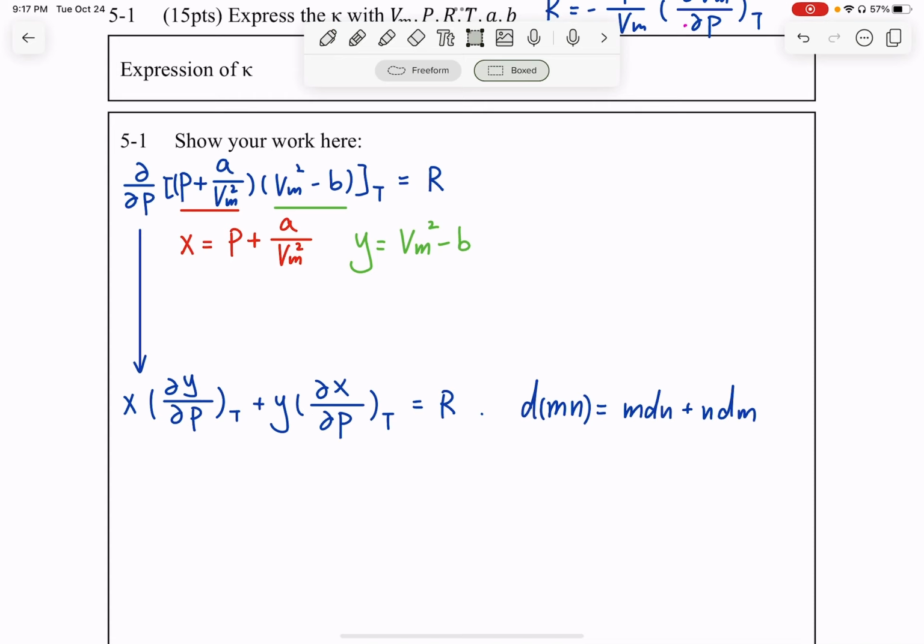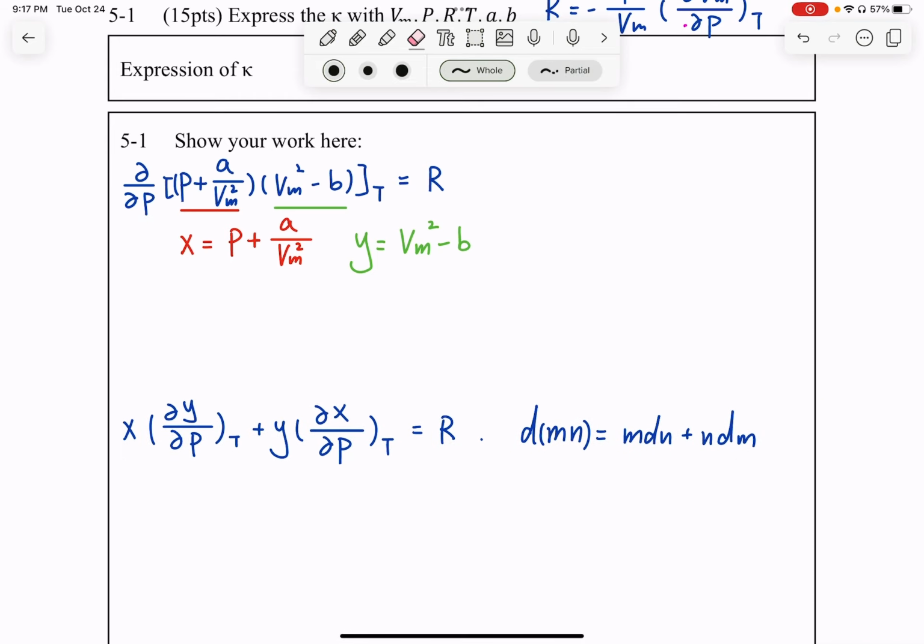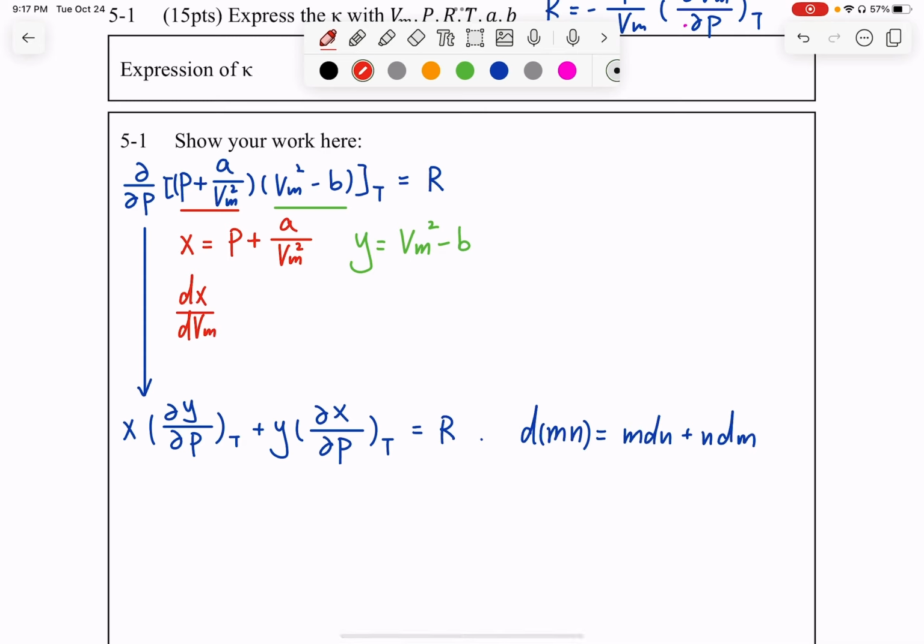But we do not have dx and dy right now, right? We don't have an expression of dx and dy, and we do not have an expression of dVm here. So what we can do is take the derivative of x with respect to Vm. Now, obviously, in this case, we're assuming constant temperature.